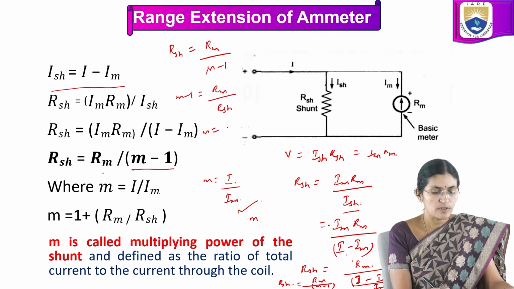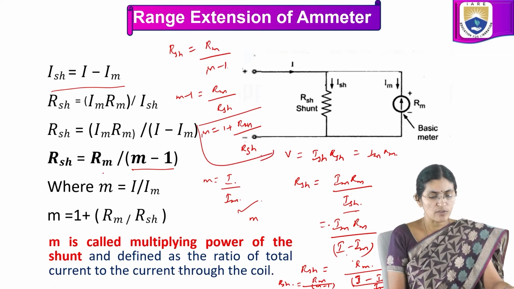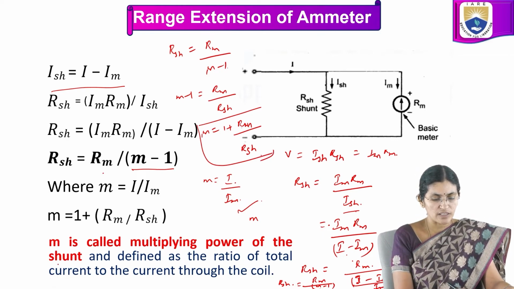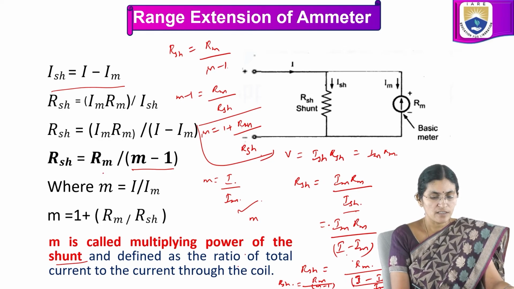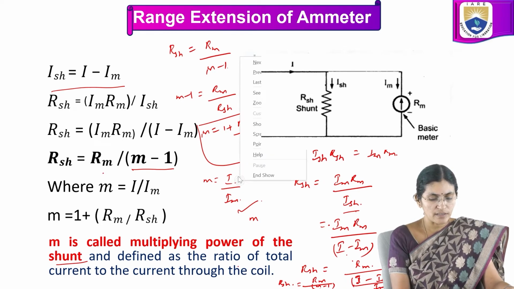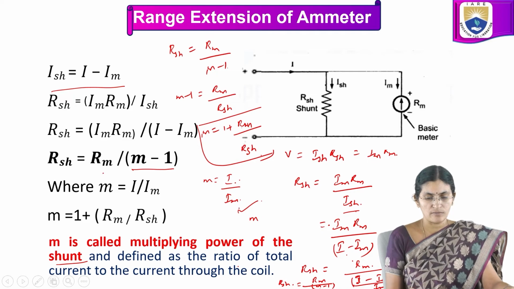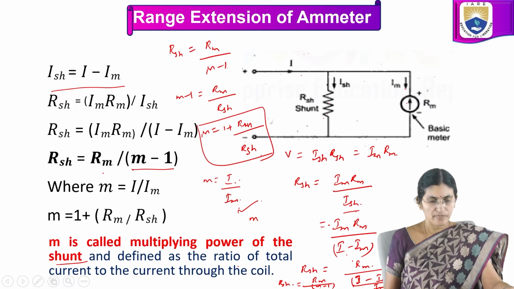So M is equal to 1 plus RM by RSH. So this is the formula, where M is called the multiplying power of the shunt, and it is defined as the ratio of the total current to the current through the coil or the meter, you can say.